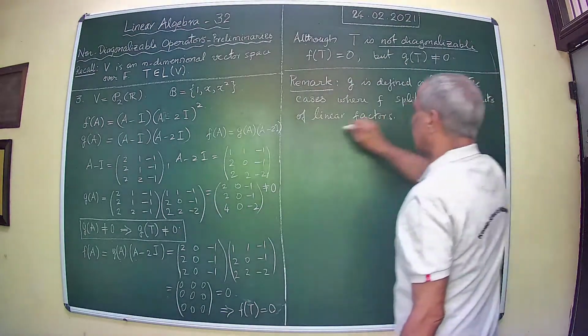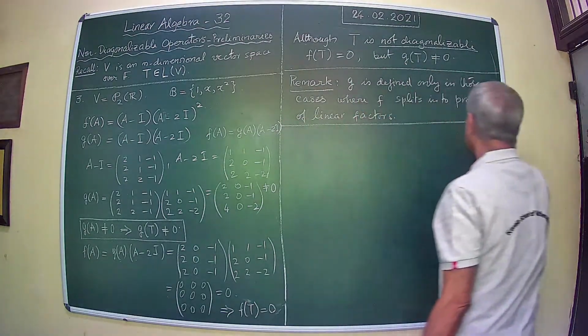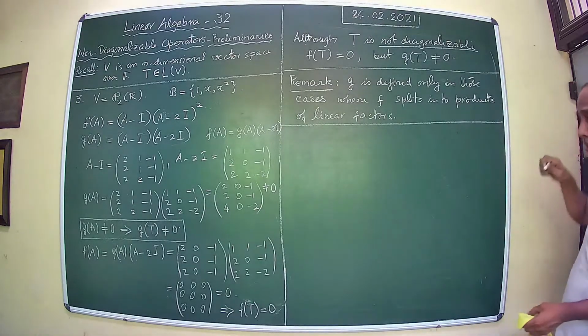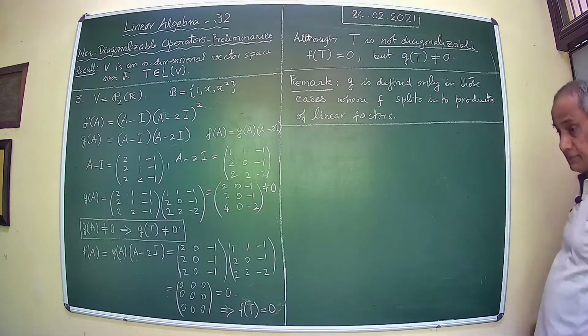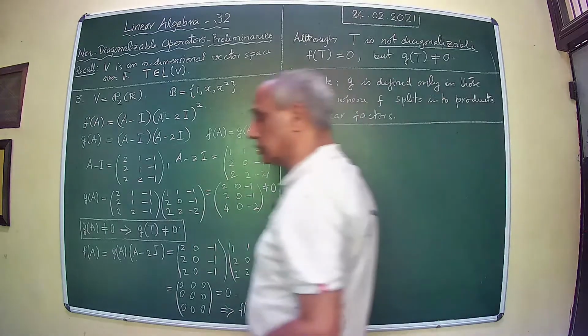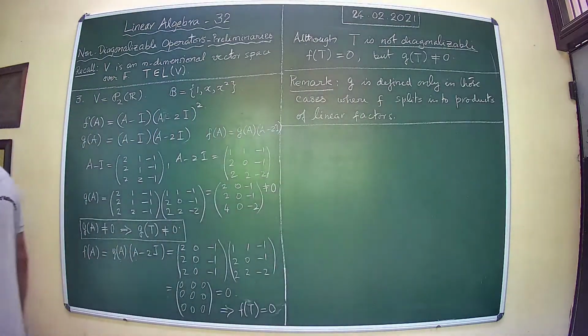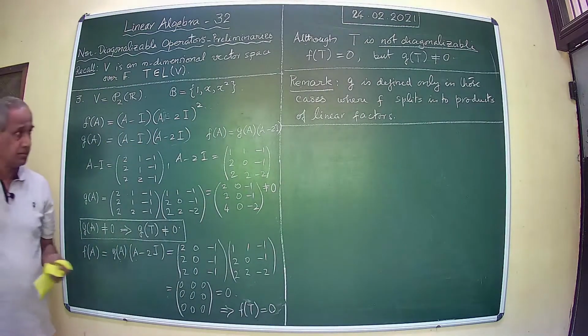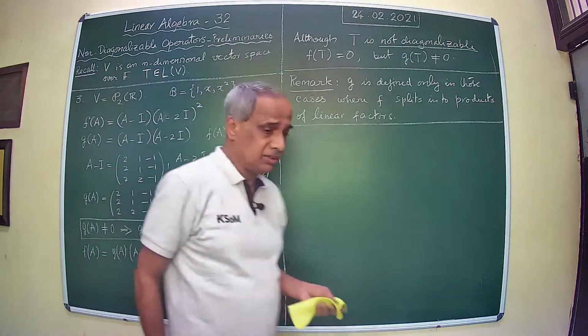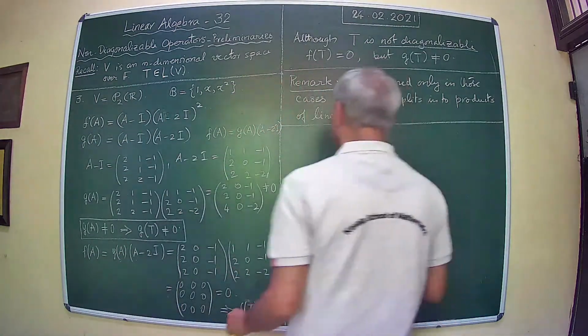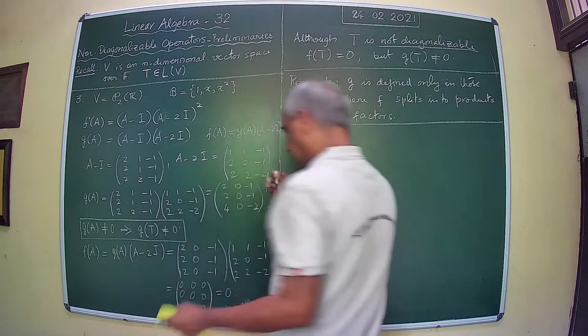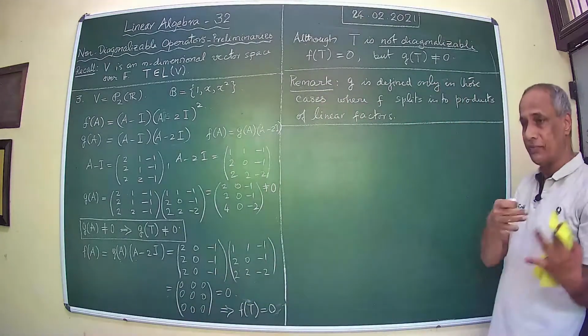So wherever g is defined, in the diagonalizable case we have conclusively proved that both f of t equal to 0 and g of t equal to 0. Okay, so T diagonalizable. We will just recap what we observe here.